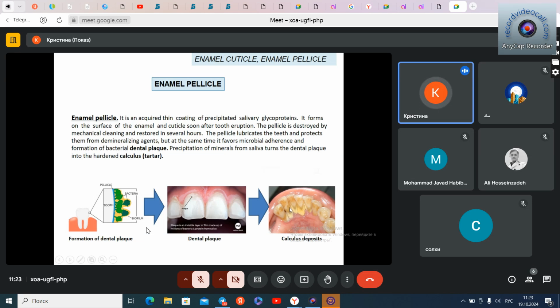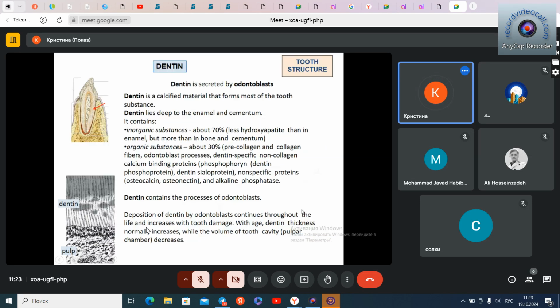It is now hard because of minerals which are located here, and the tartar or calculus cannot be removed with the brush, so only the doctor, the dentist, the stomatologist can remove this tartar from the teeth.